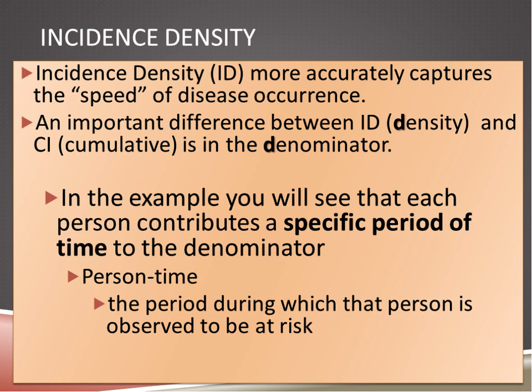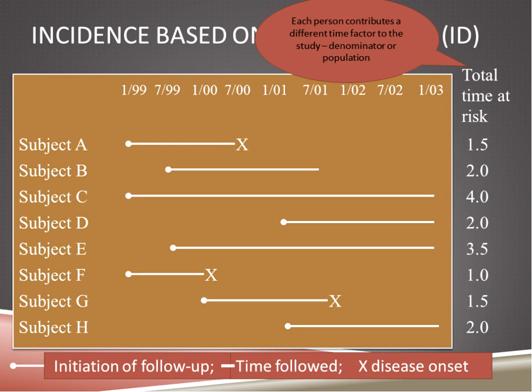Incidence density is the rate at which the disease is developing in a fixed population, or the speed at which the disease is developing. So now we have exactly the same data, but we followed people for different periods of time, and that's what this column is: how many years each person contributed to the data.